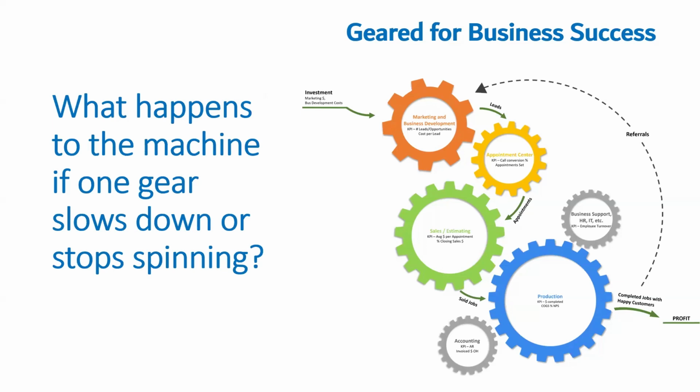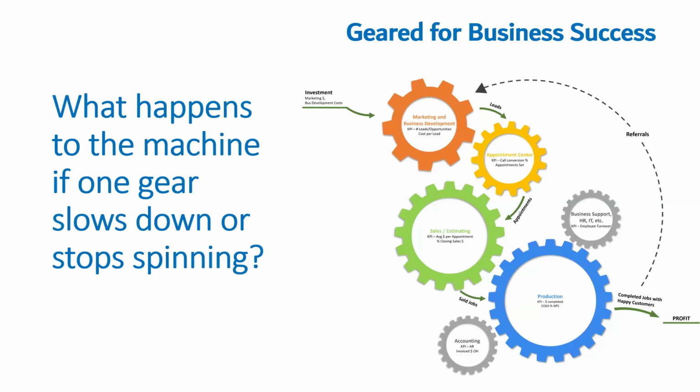So what happens when one gear slows down or stops spinning? Well, what about if one day the appointment center function just decided it wasn't going to answer the phone anymore? Or maybe it was going to take hours or days to respond to web inquiries. What would happen to the machine?